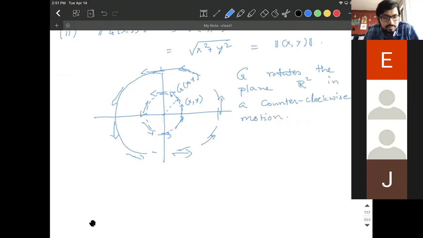Okay, so that's the effect of the vector field. So it rotates R2 in a counterclockwise motion.